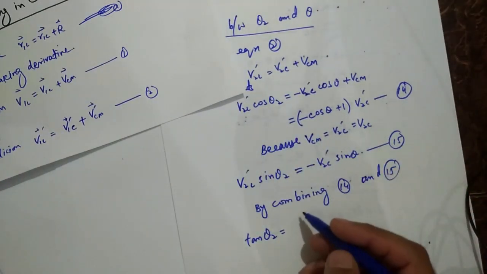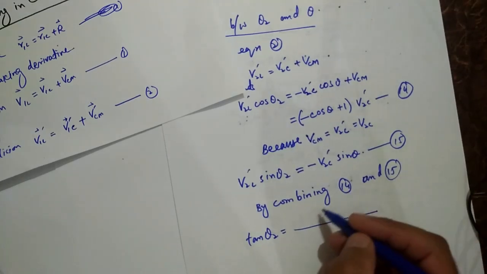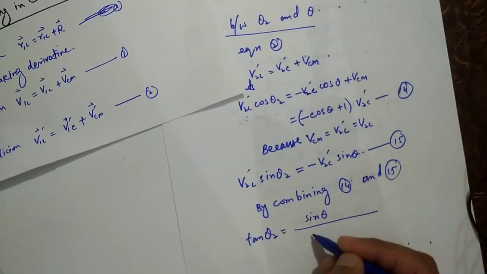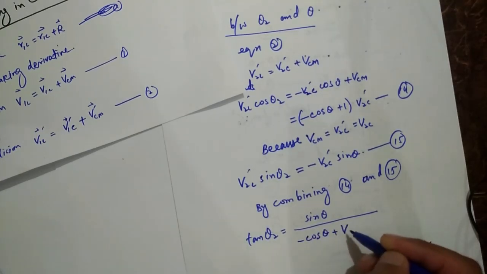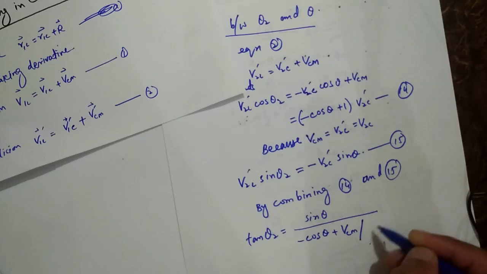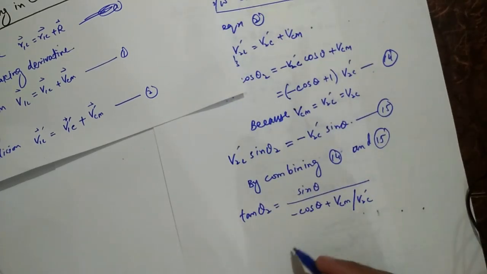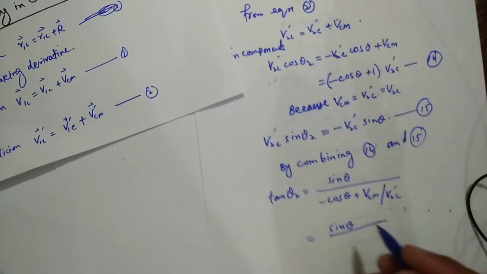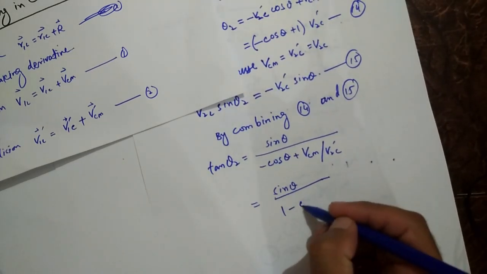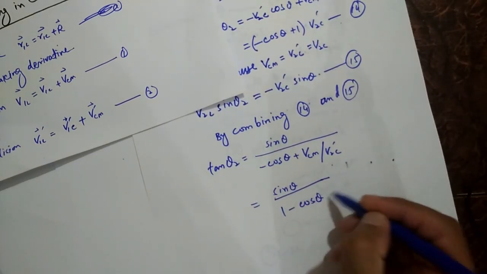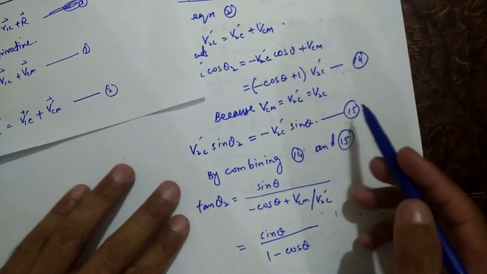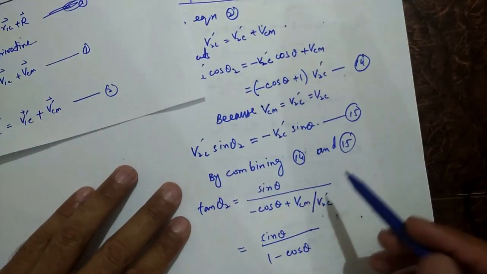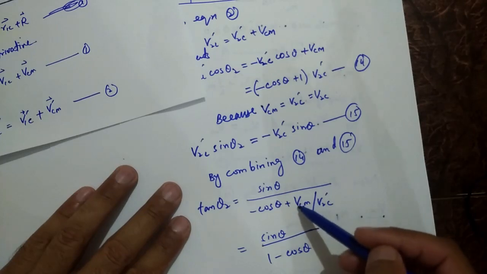So this will be equal to sine theta divided by minus cos theta plus VCM divided by V2 dash C, and further it can be written as sine theta divided by 1 minus cos theta, because V2 dash C is also equal to VCM, so they will cancel with each other and we will be left with one only.